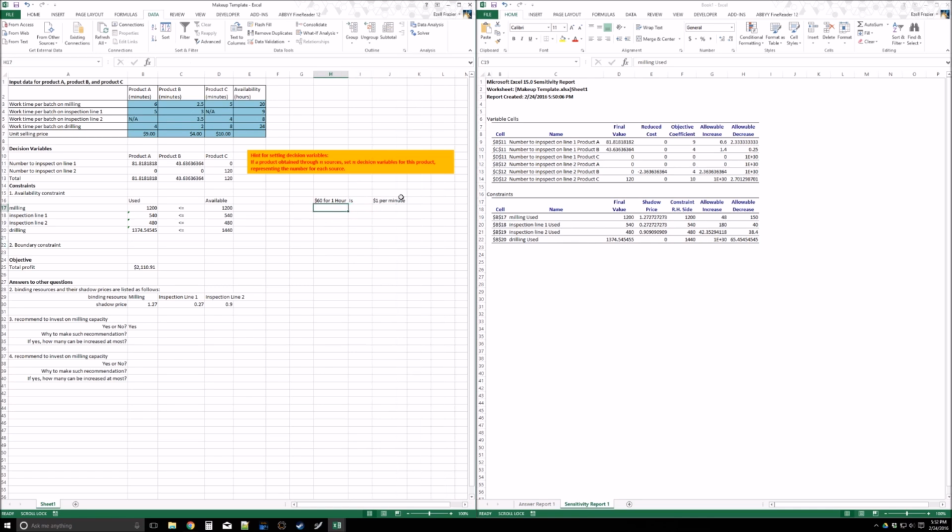So the shadow price is telling us that, hey, we're losing out on $1.27 per minute for 48 additional minutes, and that's what the following question is asking. Like, hey, if we invest $60 for an additional hour, so an additional 60 minutes, should we do it?